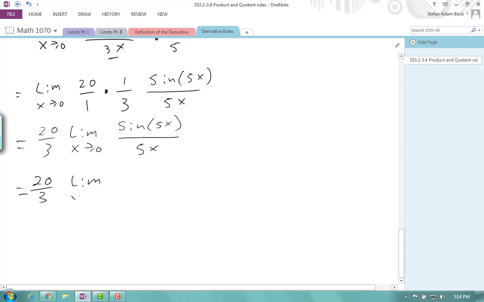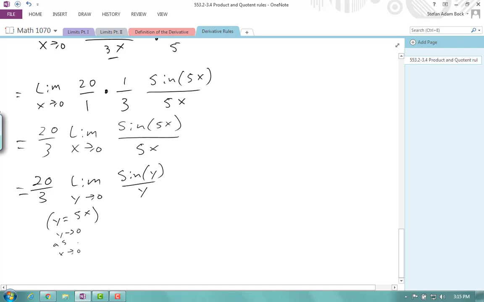I could rewrite this as the limit as y goes to 0 for y equal to 5x. And this changes to sine of y over y. Because if y is equal to 5x, then y goes to 0 as x goes to 0.